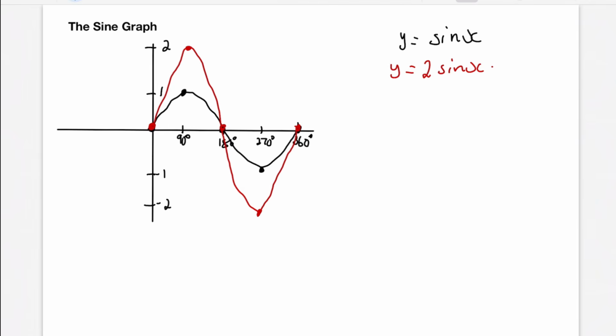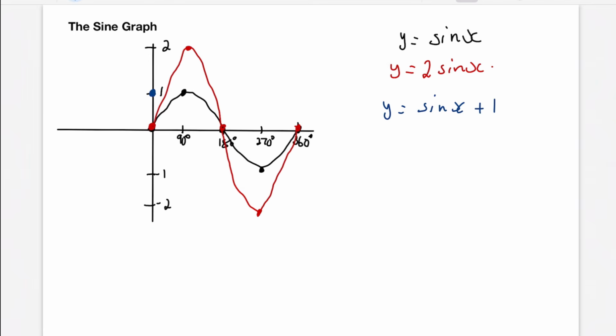Another thing that you can do to the sine graph is you can shift it some units up. For example, I can shift this 1 unit up. The graph y equals sine x plus 1 is almost exactly the same as the black graph, except you shift it 1 unit up. So instead of starting at the origin, it'll now start here.